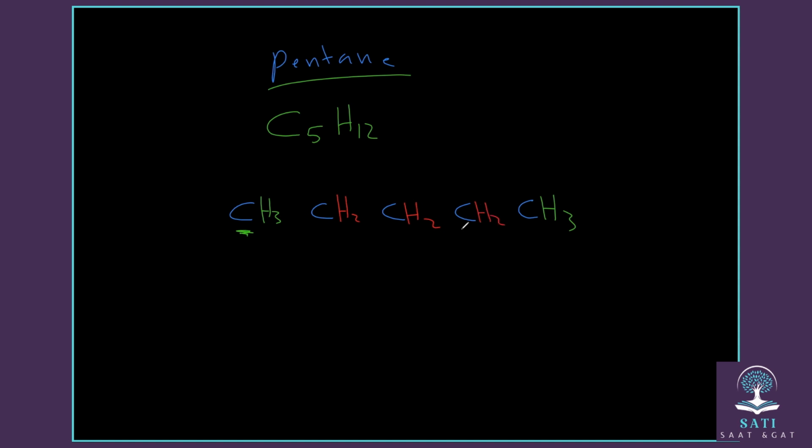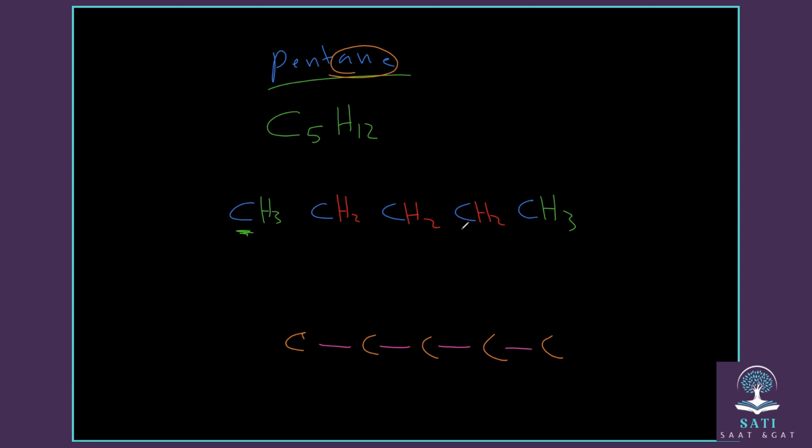Okay, now, if I draw the general structure of pentane, how is it going to be? Look, this one now is 1C, 2, 3, 4, 5. These are 5 carbon atoms. And remember, since it is an alkane, all the carbon atoms are bonded to each other by only 1 single bond. So that means this is for all alkanes: single bond, single bond, single bond.